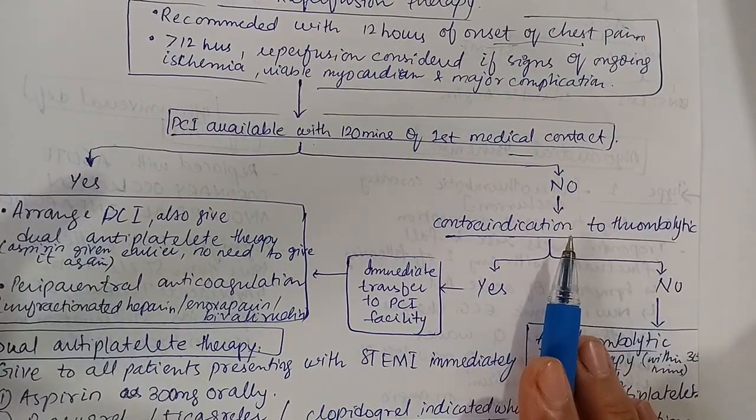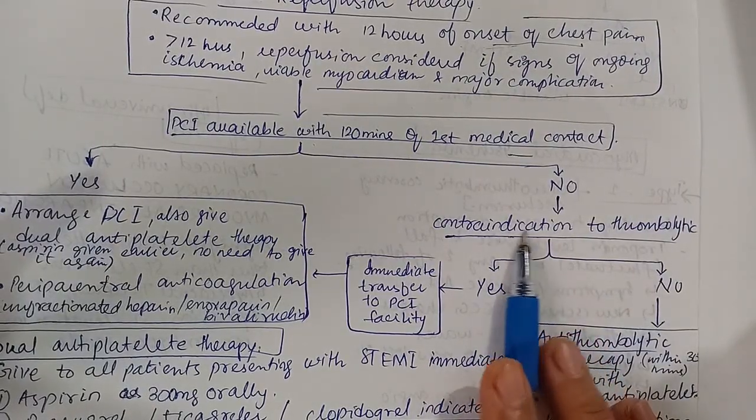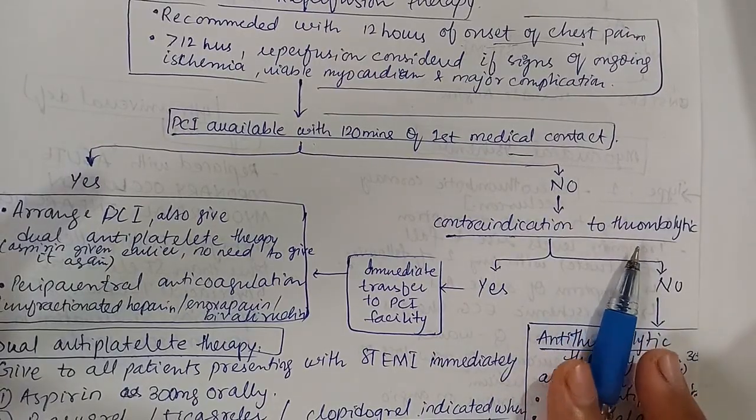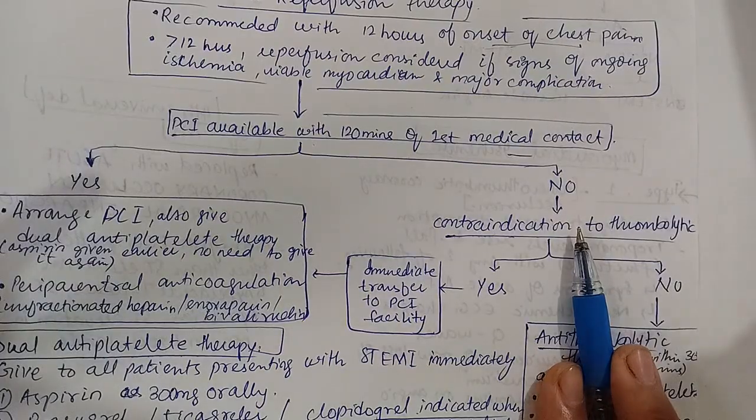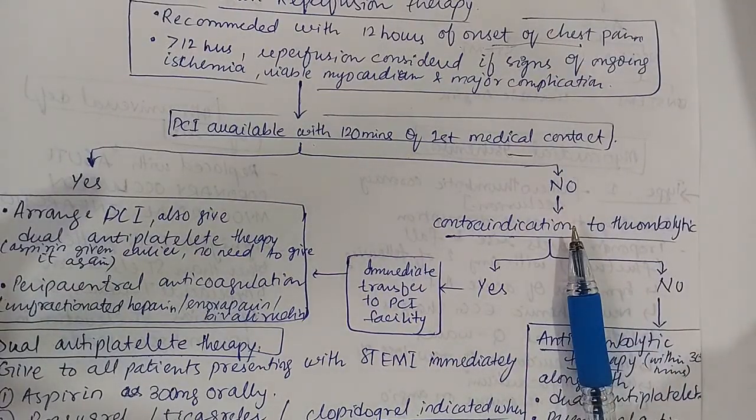But first of all, we have to see if there is any contraindication to thrombolytic therapy. The contraindications to thrombolysis are closed head trauma or facial trauma within 3 months, intracranial hemorrhage or stroke history within 3 months, and the patient has a bleeding disorder, a bleeding diathesis.